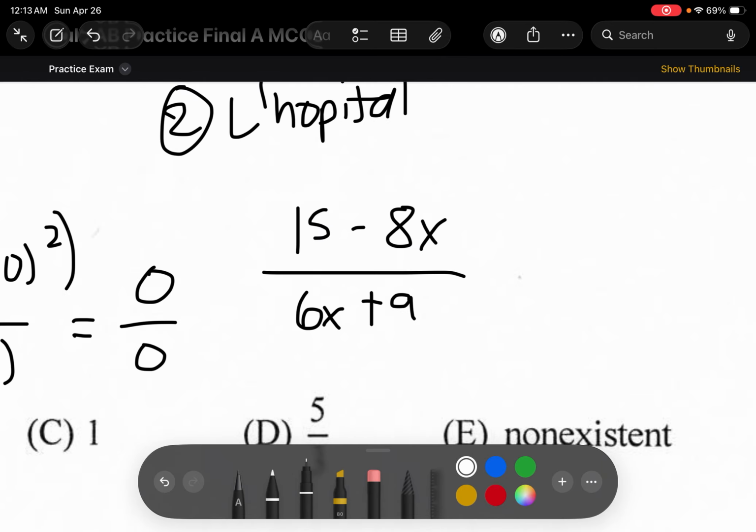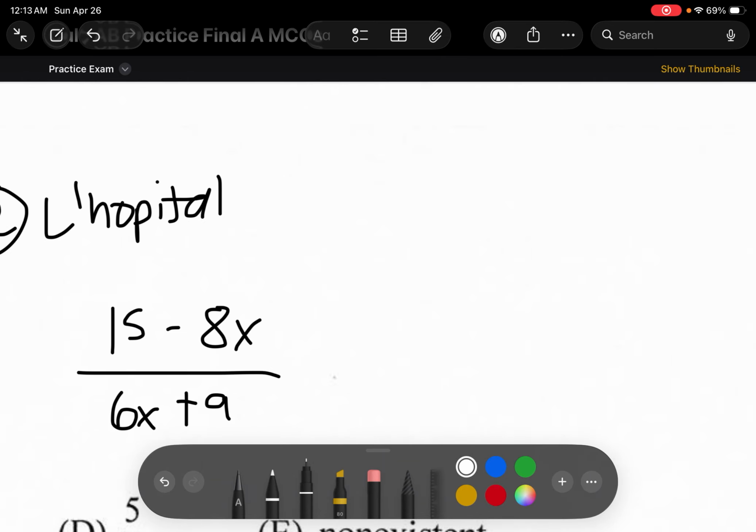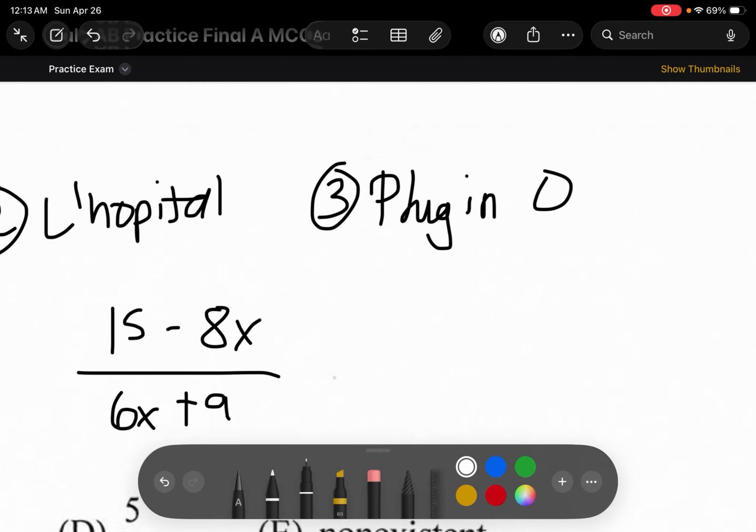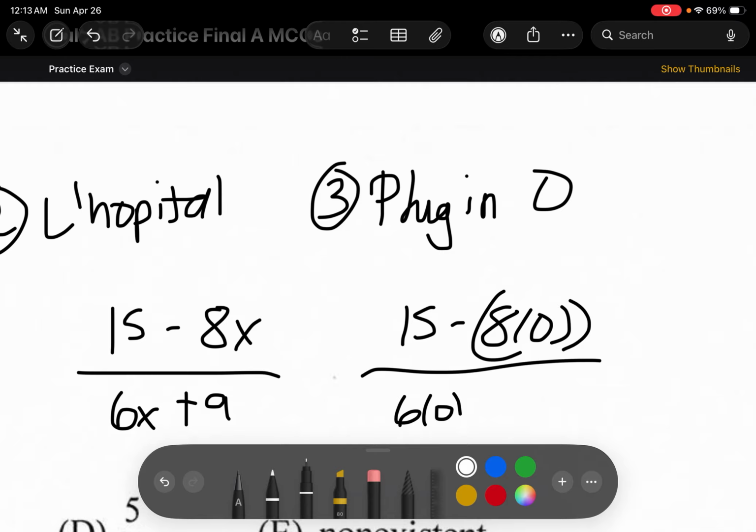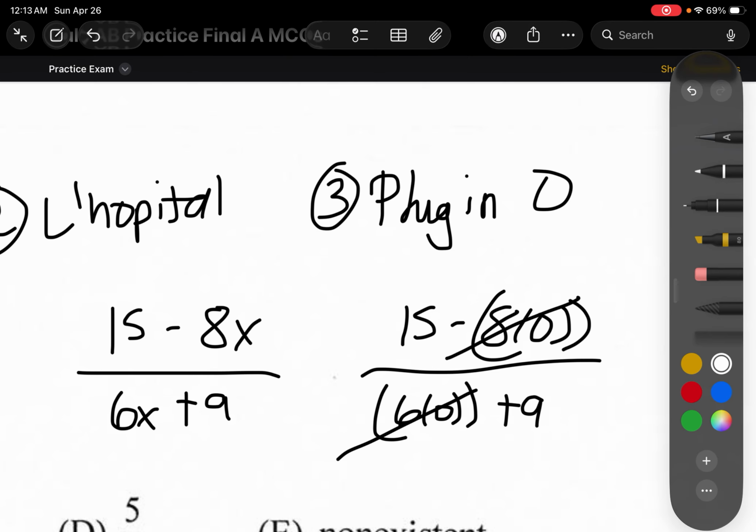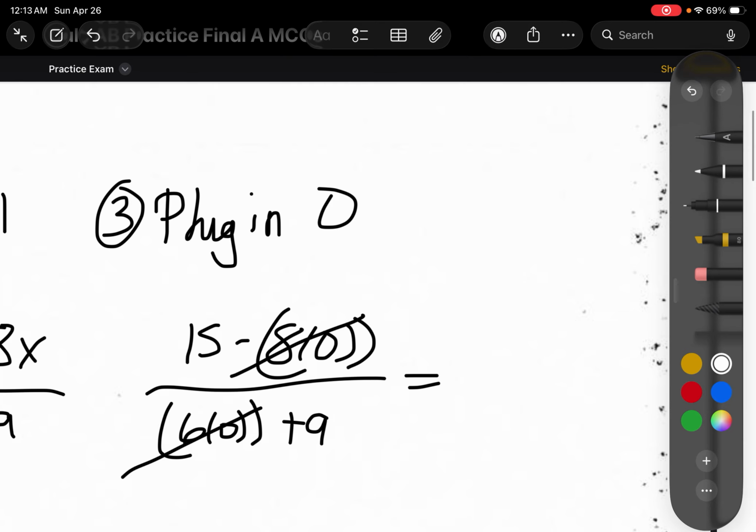So we're going to plug in 0 for that. So it's going to be 15 minus 8 times 0 over 6 times 0 plus 9. Anything times 0 is going to be 0, so we can just cancel those out and ignore them, which just gives us 15 over 9.